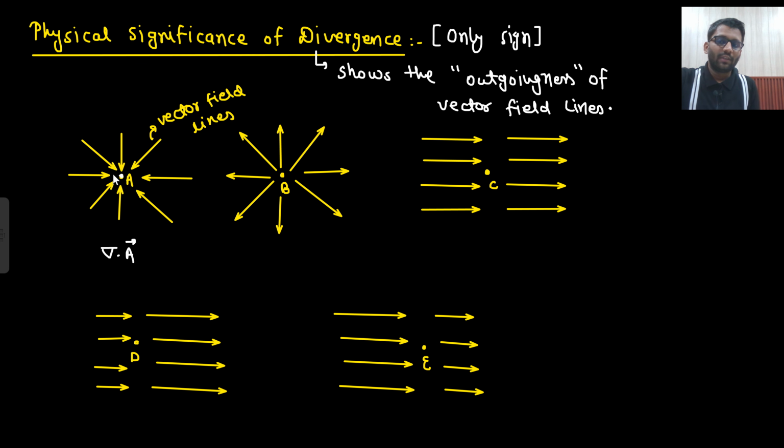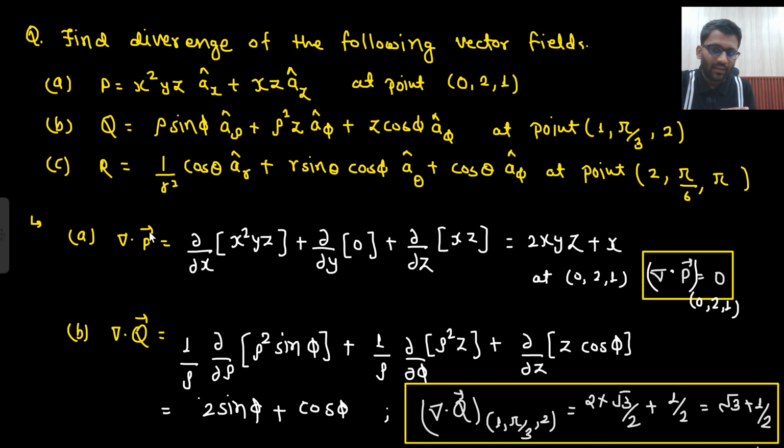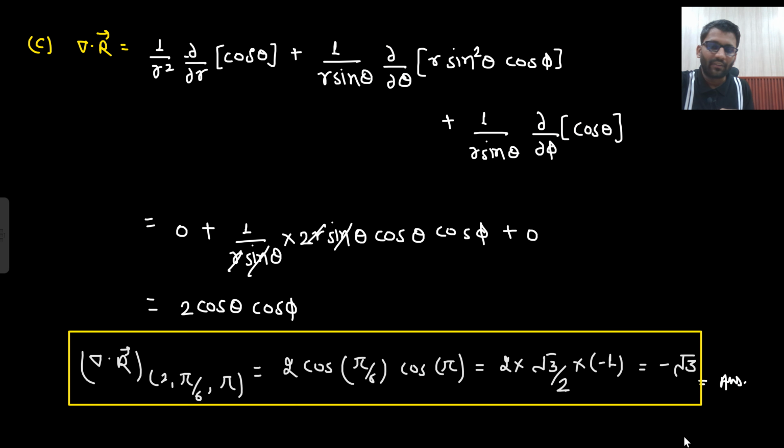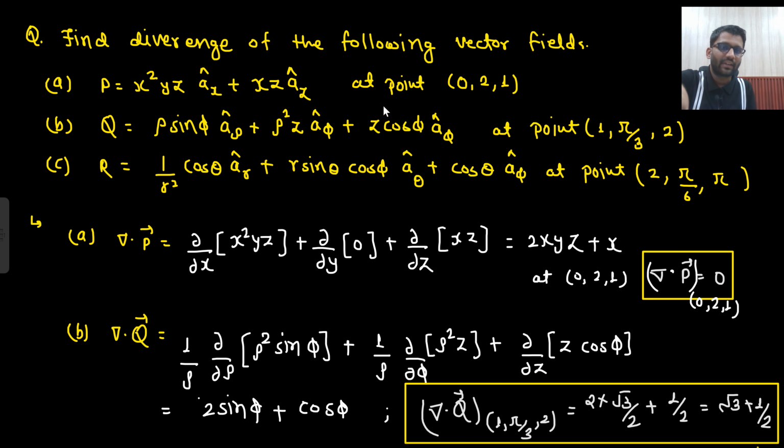So now vector fields are coming into point A, right? So what am I going to write? Divergence of this field. This field is F vector. Here P vector, Q vector and R vector were vector fields, right?